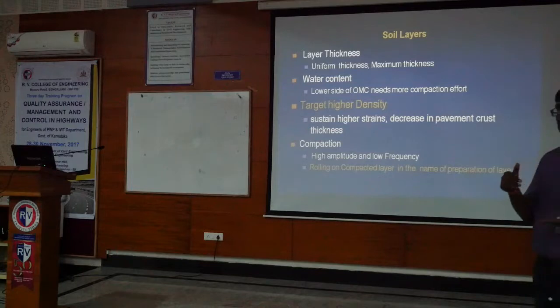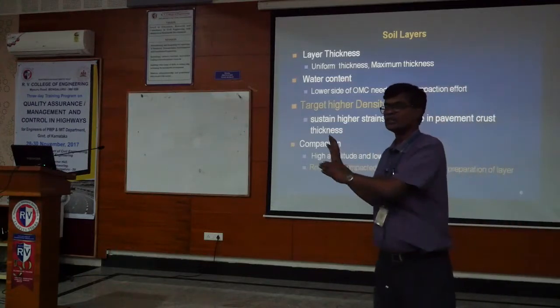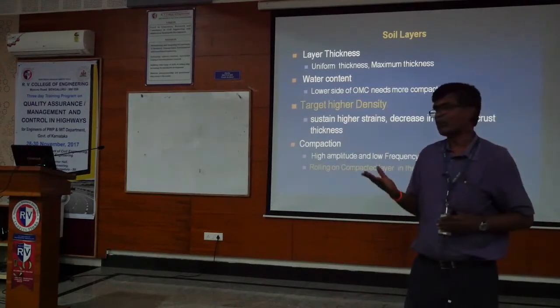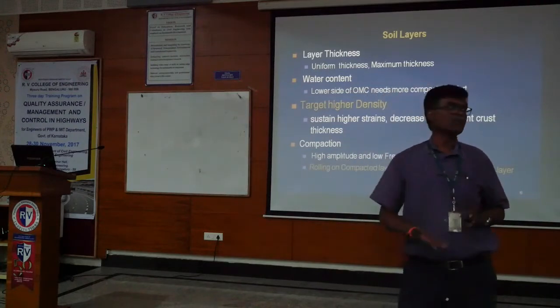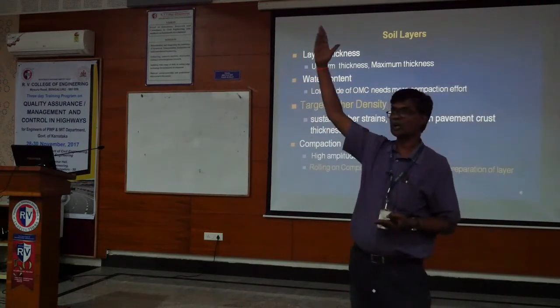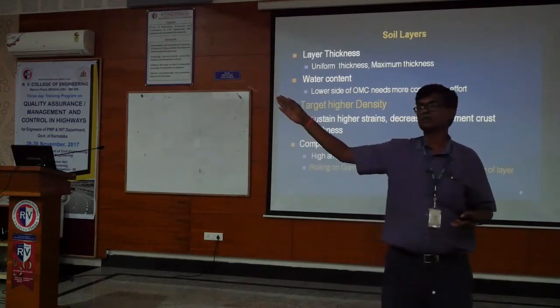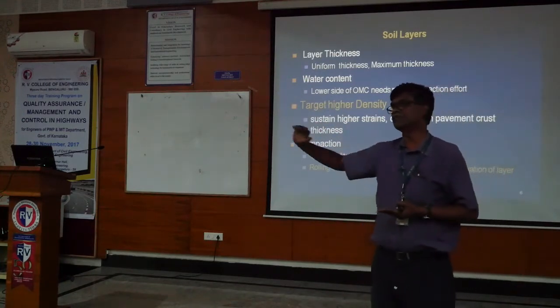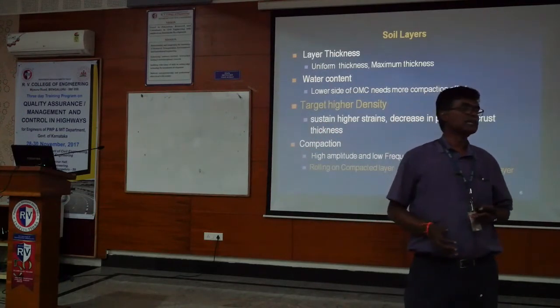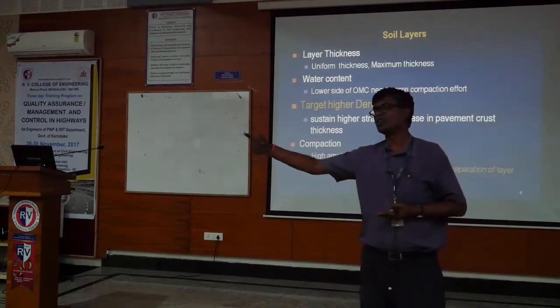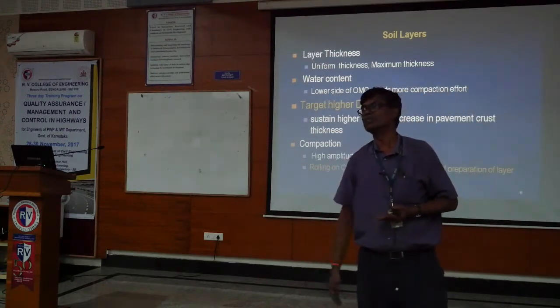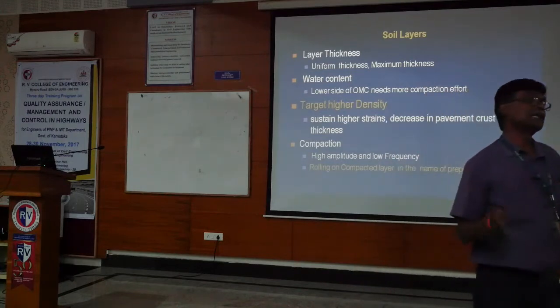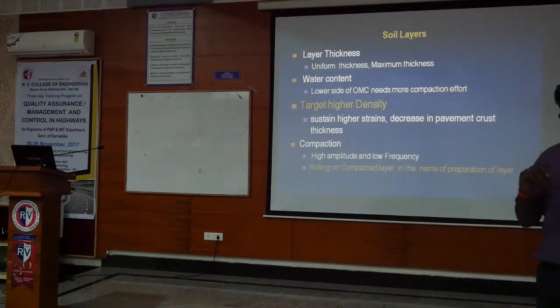My objective of constructing this foundation layer, the subgrade, is to have a uniform layer having equal strength all along. When my density varies, why does it vary? I have put non-uniform thickness, so I get non-uniform density. So that should be looked into. One is thickness not to be more than 200. Second is non-uniform thickness.